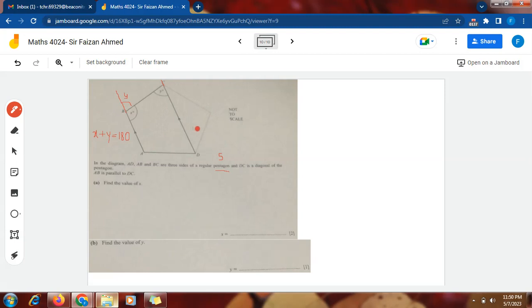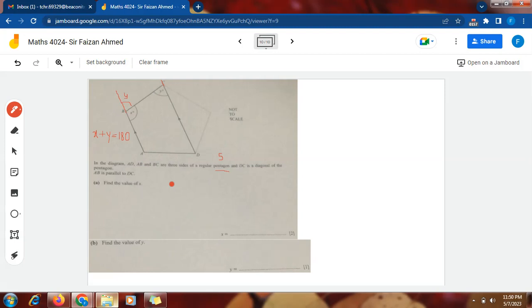A pentagon is a five-sided figure, and since it is regular, all the interior angles and the sides are equal. So we will use the concept of the sum of interior angles of a polygon to find x, and the concept of supplementary angles to find y.